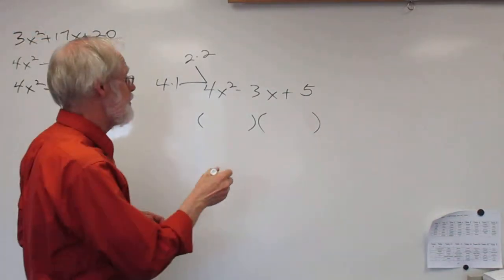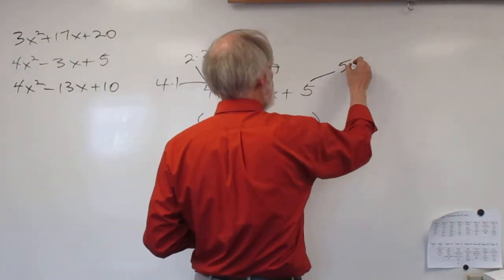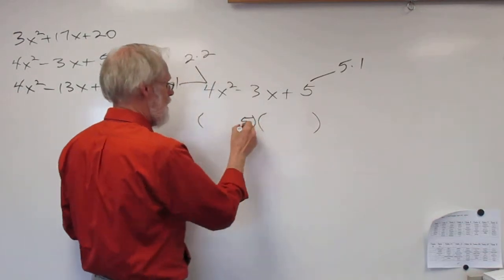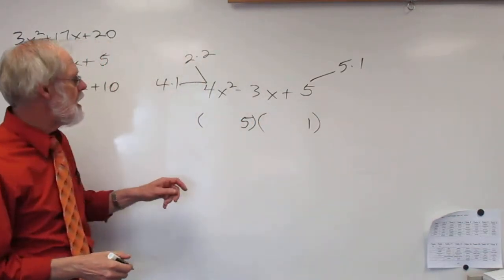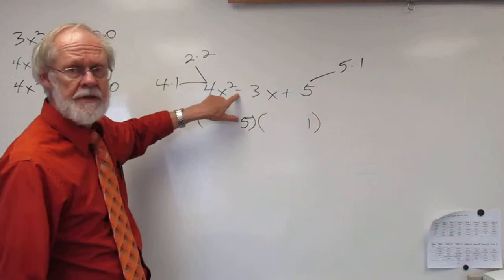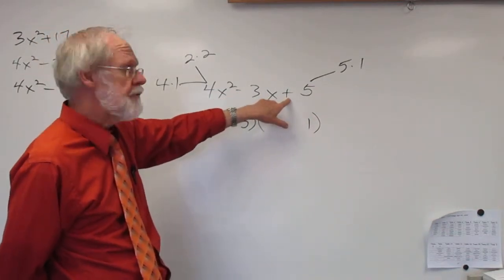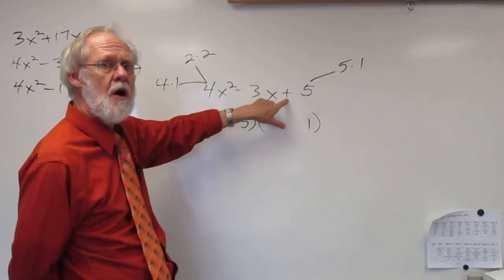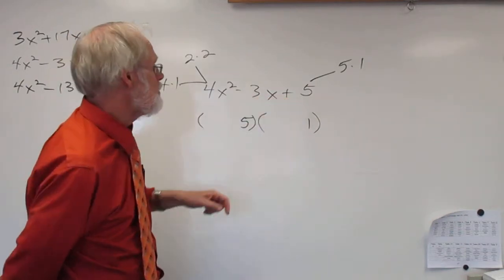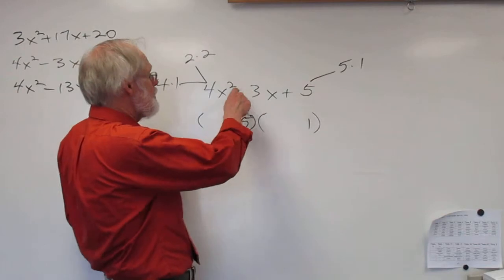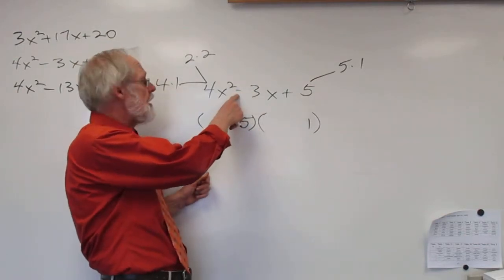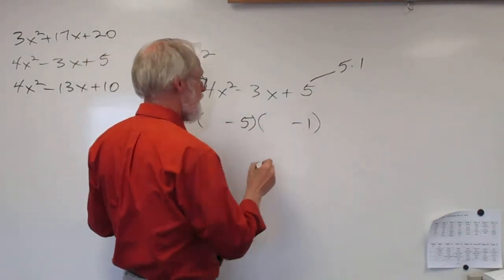Two possibilities. Over here, however, 5 can only be 5 times 1. So I know I have a 5 and a 1 here. This is a plus and this is a minus. Remember, the only way to get a plus here is if you multiply two pluses together or two minuses together. Two positives or two negatives. It's got to be two negatives because this is a negative. So that's a negative and that's a negative.